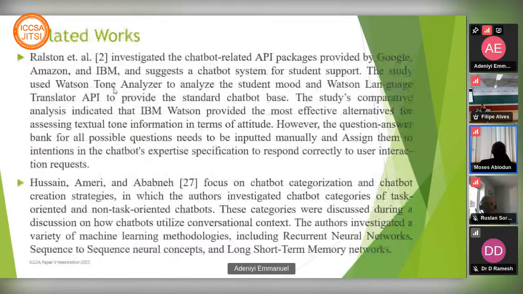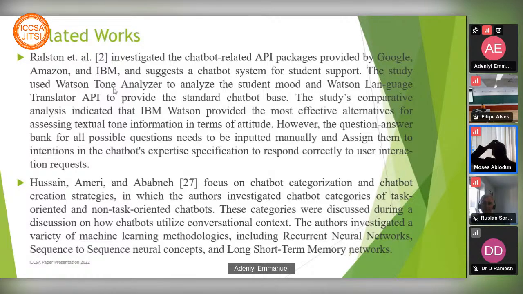We have seen a lot of work that has been done on this. Racine et al. investigated the chatbot-related API packages provided by Google, Amazon, and IBM, and suggested a chatbot system for student support. The comparative analysis indicated that IBM Watson provided the most effective alternatives for assessing textual tone information in terms of attitude.